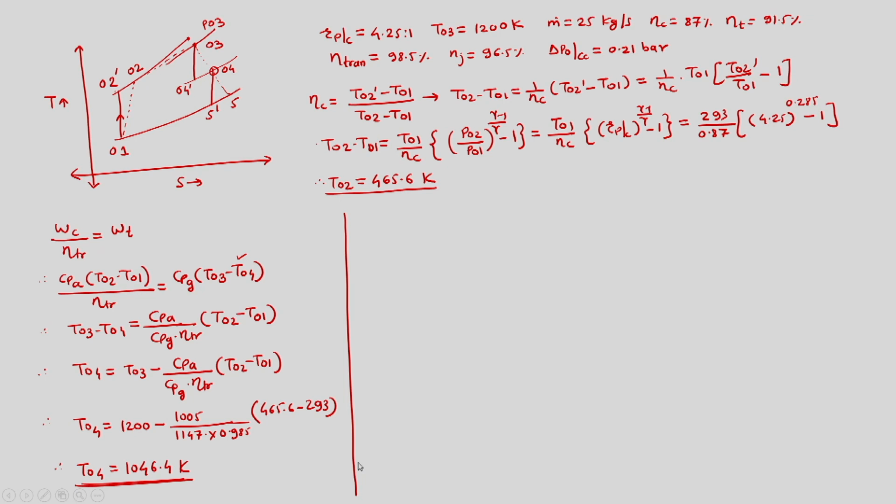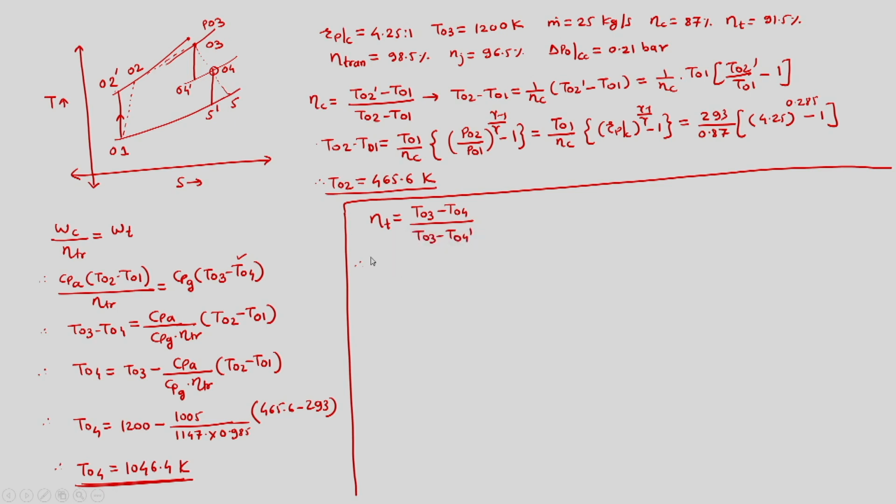Now here we can use this total temperature for finding out the pressure ratio for the turbine. Since we know turbine efficiency, we can use this formula as what we used. Turbine efficiency is actual work done divided by ideal work done. So this can be formulated using turbine pressure ratio as what we did in case of compressor. We formulated it in terms of pressure ratio.